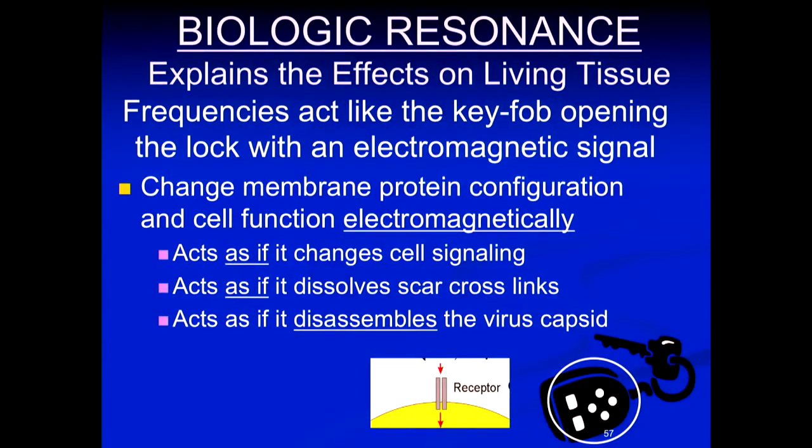There is one frequency that's the only thing it's good for. So biologic resonance is the only thing that explains the effects on living tissue. You change the membrane protein configuration and electromagnetic function, or cell function, and cell signaling electromagnetically. It acts as if it changes cell signaling. It acts as if it dissolves the scar tissue cross-links that hold the scar tissue together.